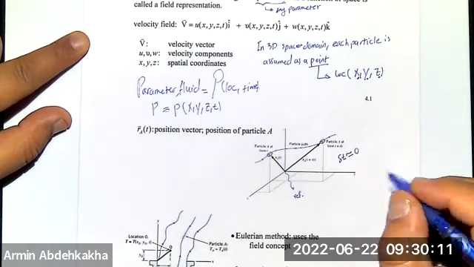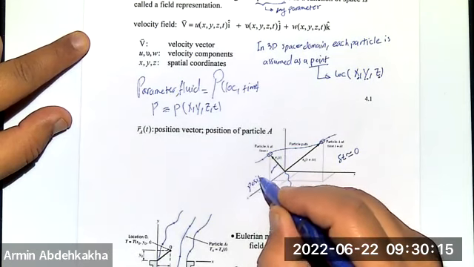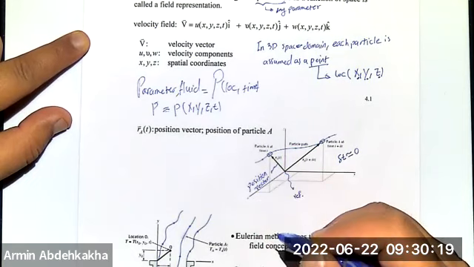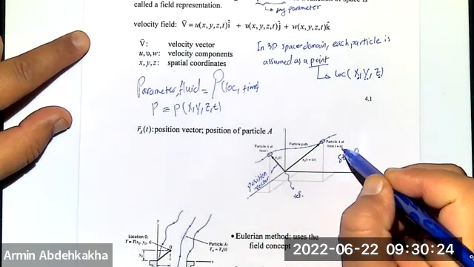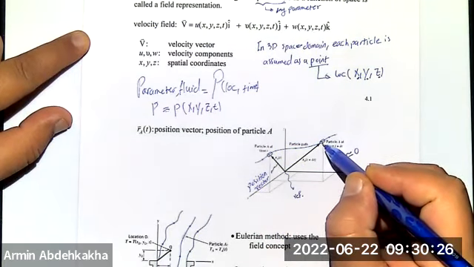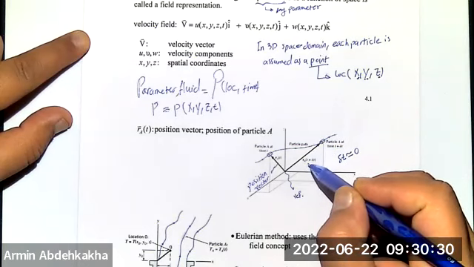Okay. And this is the position vector. So at time t and t plus delta t, the particle comes here, and this is your new location, right?